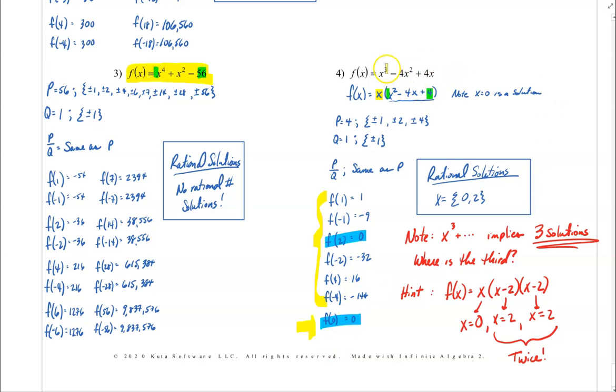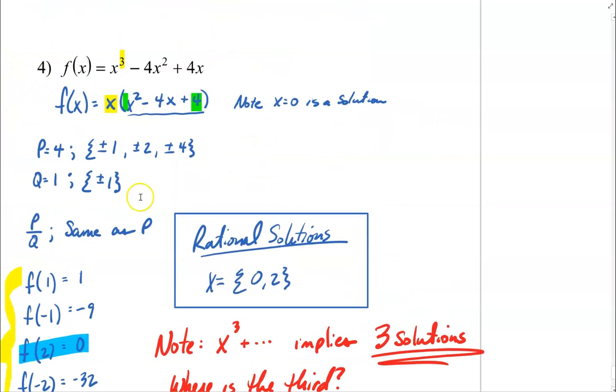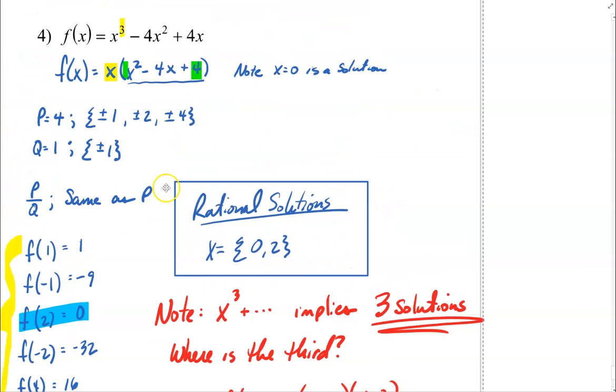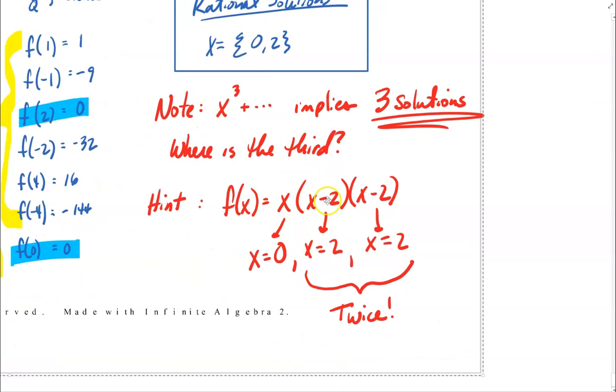And so we've got 2 solutions from our list of potential solutions. But here again, we were supposed to find 3 solutions in total. We found one at 0 and at 2. And I'd like to note in a special case here that the third solution is more easily found if you were to factor this completely. Now, if we look at this quadratic, it is factorable, and I'm showing this in red down here. X squared minus 4x plus 4 would factor into x minus 2 times another x minus 2.